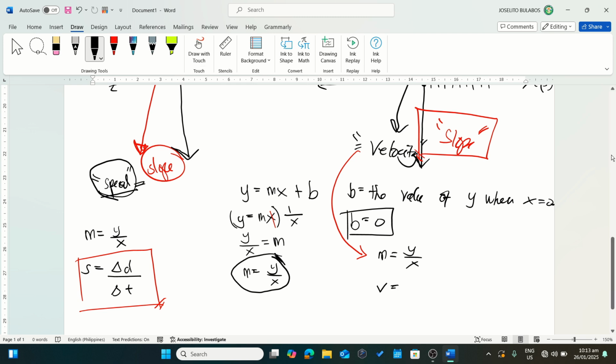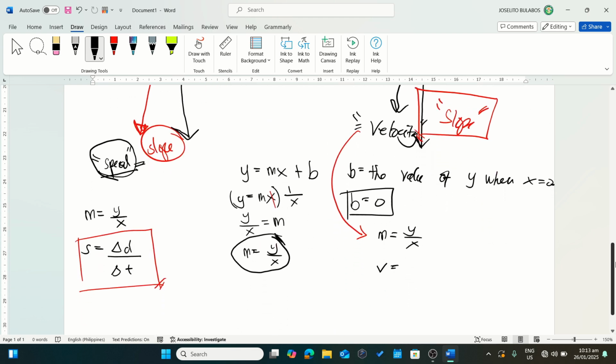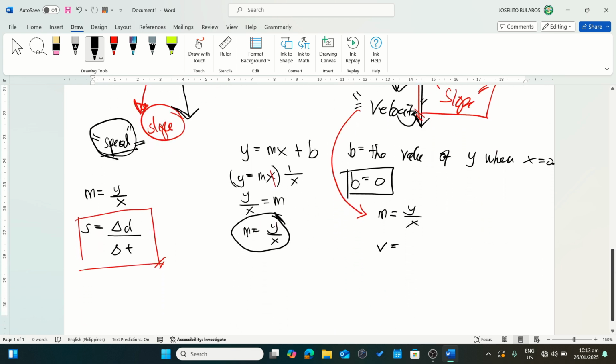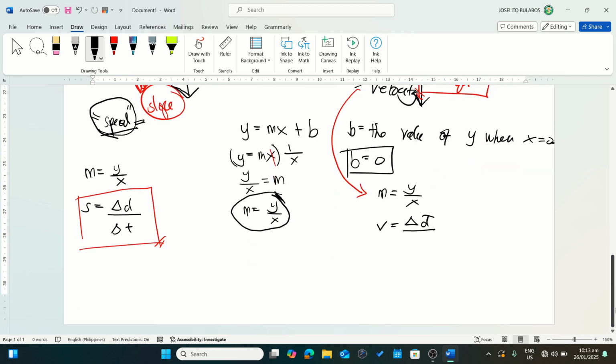For y, the y-axis in our coordinate is displacement, so we would change y to d bar. So change in d bar over, our x-axis is still time, so change in time. This will be our equation in solving for velocity.